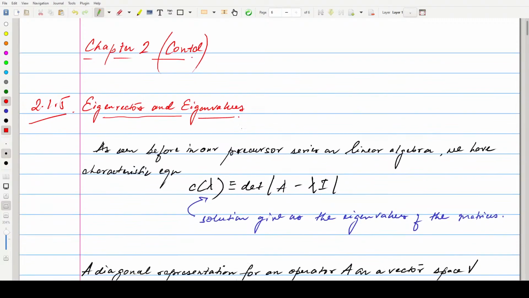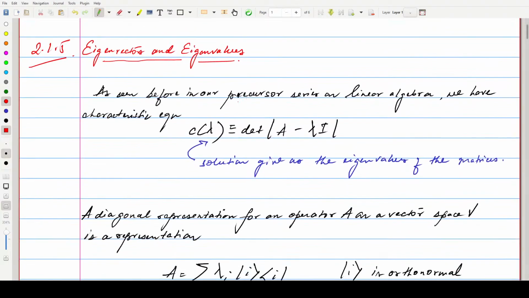So we already know that we have eigenvalues and corresponding eigenvectors, and how do we do this? We take our operator or matrix, and then we subtract from it lambda times the identity matrix, and then we find the determinant, and then we get a set of values.